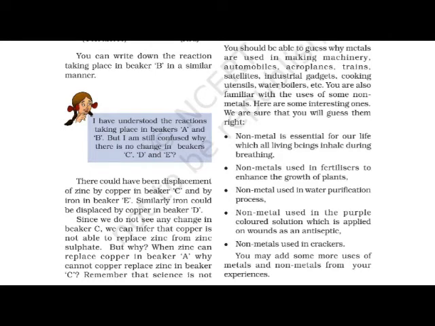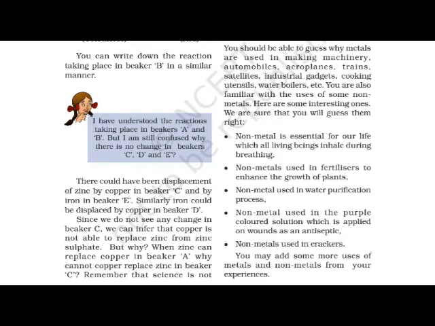That is, zinc can replace copper in beaker A, and copper cannot replace zinc in beaker C. A more reactive metal can replace a less reactive metal, but a less reactive metal cannot replace a more reactive metal. Okay, so this was about the displacement reaction, and now we are going to start the last point of this lesson, that is uses of metals and non-metals.